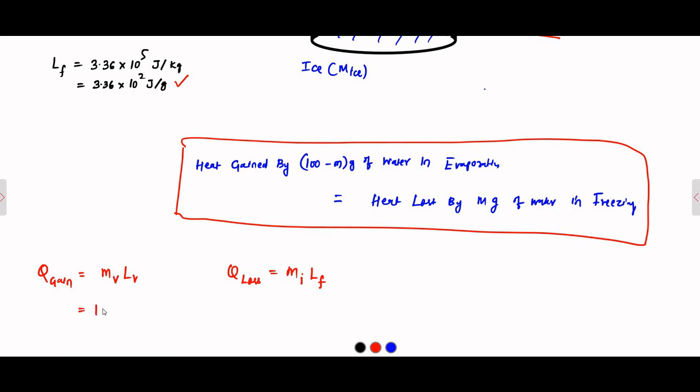So this is equal to 100 minus m into the latent heat of vaporization, which is 2.1 into 10 to the power 3 joule per gram.